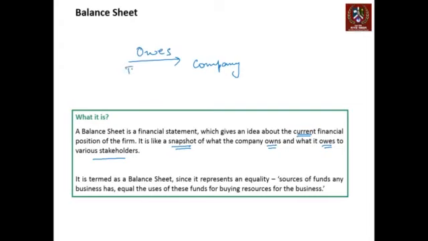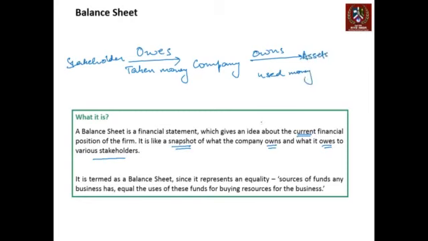So it has taken money from a set of stakeholders, and then the company has used that money to own something. So it has used money to buy, let's say, some sort of assets, right?